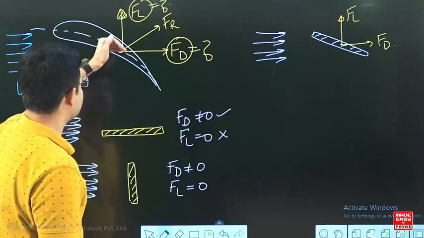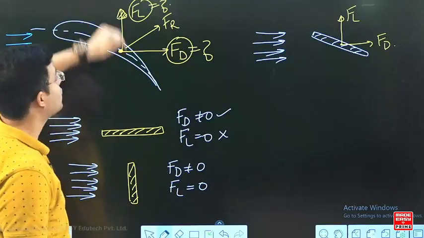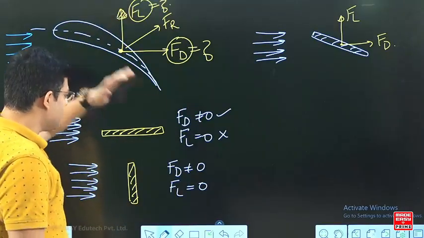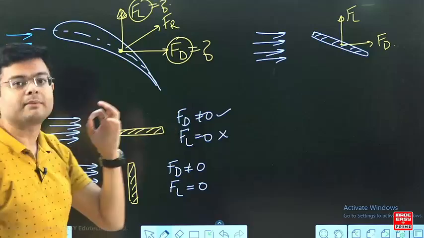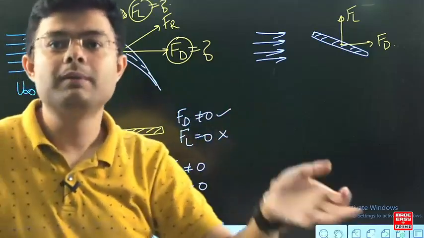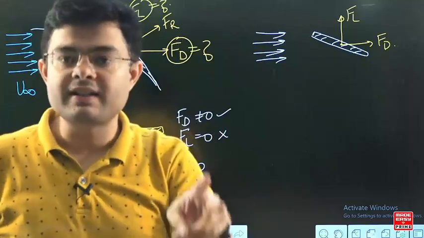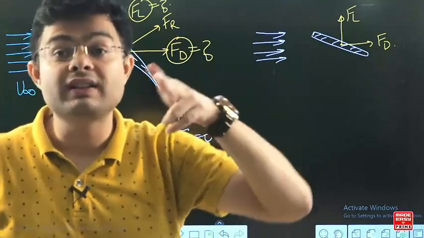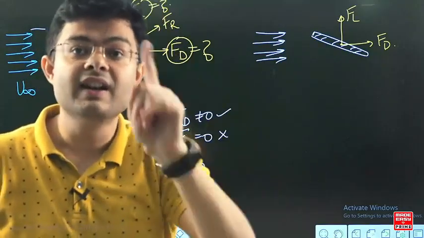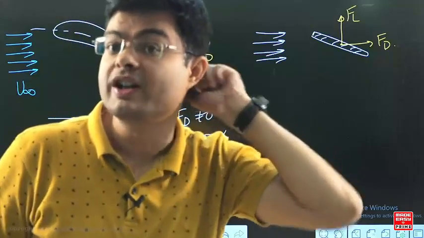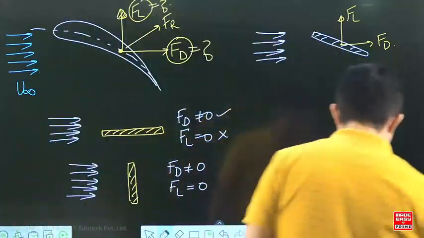There is a force generated perpendicular to the direction of the flow, which is lift force. There can be drag without lift, but there can never be lift without drag. Next important thing is, for producing lift, the orientation of your body should be inclined to the flow.